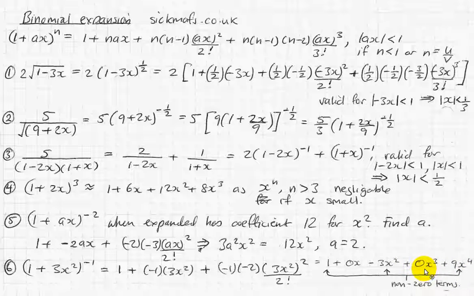It doesn't do any x cubed. So these are the zero terms, obviously, because you've got 0x and 0x cubed. So what they say often is write out the expansion of the non-zero terms. Basically, don't waste our time by writing this stuff, because we don't want it. What use is that? So these are the non-zero terms here: 1 minus 3x squared plus 9x to the 4.